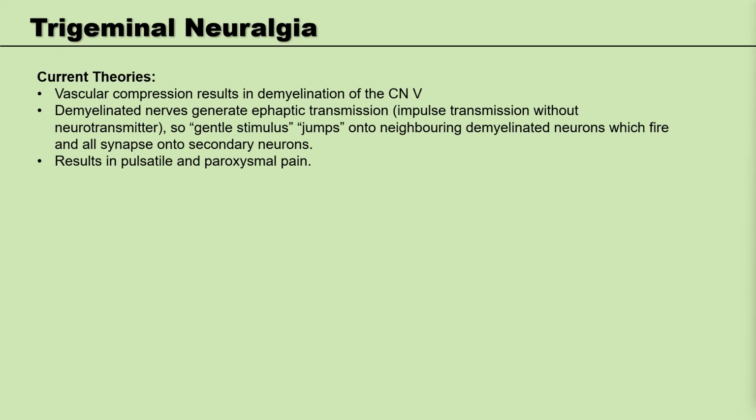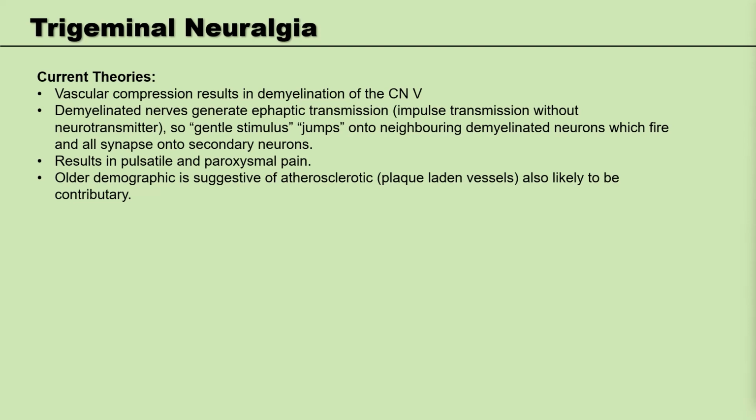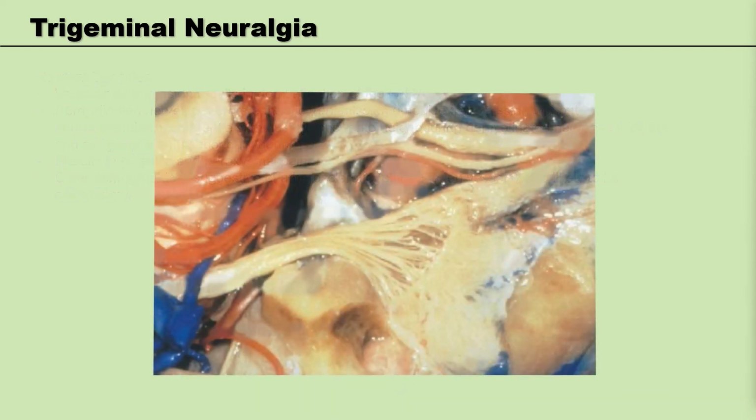Because it is mostly found in older patients, it suggests that there is likely an atherosclerotic change within the vasculature of the brain that increases the risk of vascular compression of the trigeminal nerve. On this image, we will be able to see some of the anatomy we think contributes to trigeminal neuralgia.